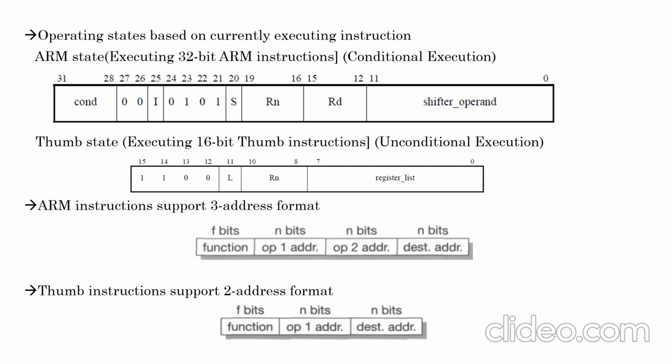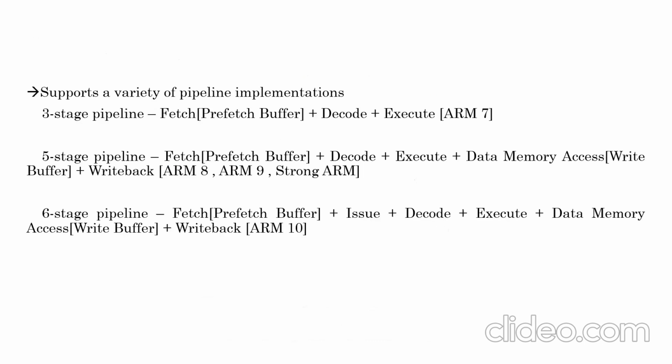It holds the data present in a memory location. 2 source addresses and 1 destination address is called the 3 address format. 1 source address and 1 destination address is called the 2 address format. ARM supports 3 address format. Thumb supports 2 address format.